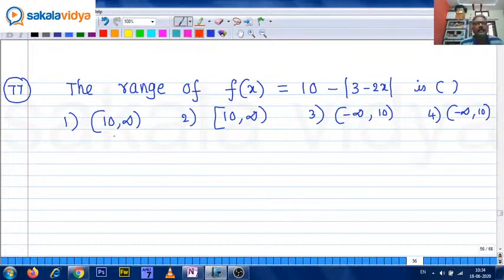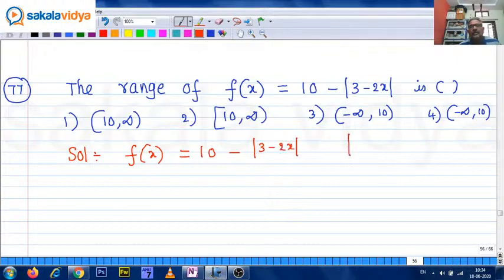So the solution: f of x equals 10 minus mod of 3 minus 2x. It's very clear that mod of 3 minus 2x will always be greater than or equal to 0. It may be 0 if x equals 3 by 2; for all other real values it will be greater than 0.